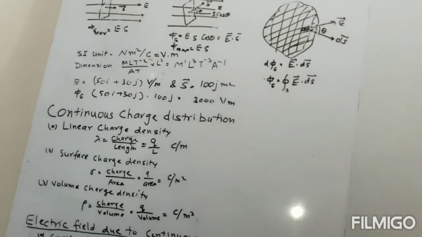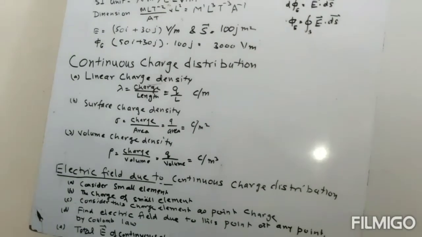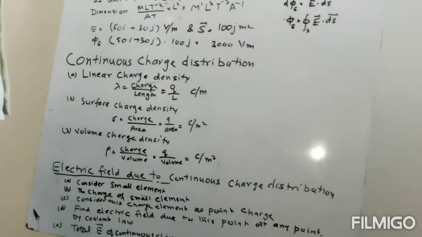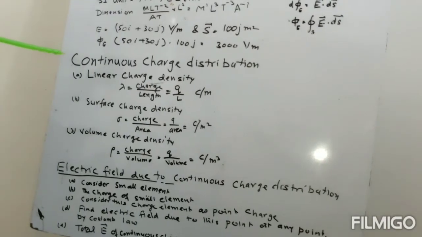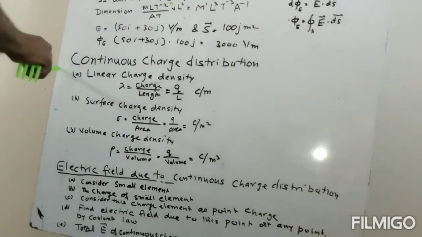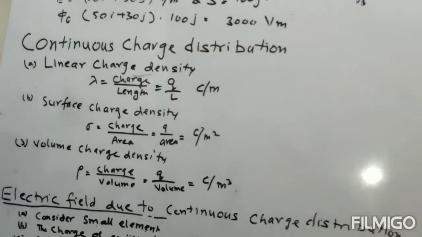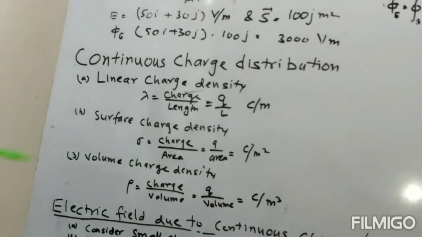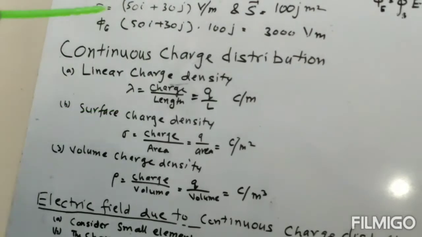Now if we have a conductor and we give it charge, then the charge will be on the upper surface of the conductor. So we can have a continuous charge distribution. Now it will depend upon the dimension of the conductor.